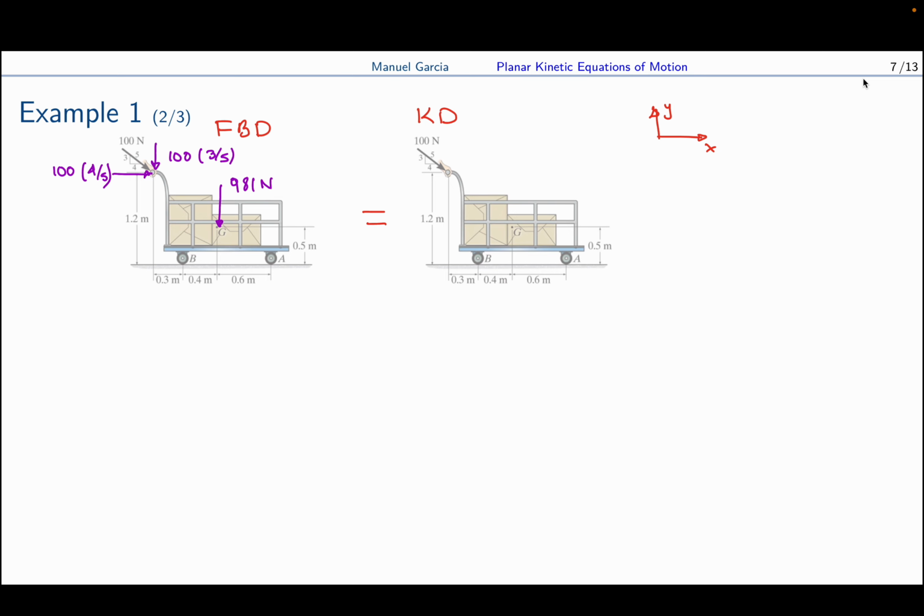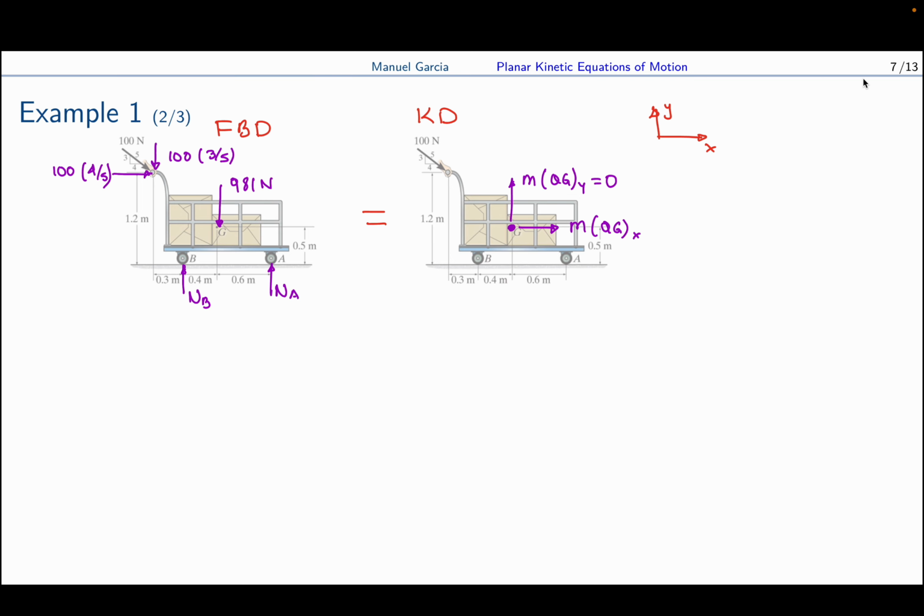And we have the normal at B and the normal at A. On the right hand side, in the kinetic diagram, we have our center of mass and two components: mass multiplied by the acceleration of G in the x direction, and mass multiplied by the acceleration of G in the y direction, which is 0 because it's not moving vertically.